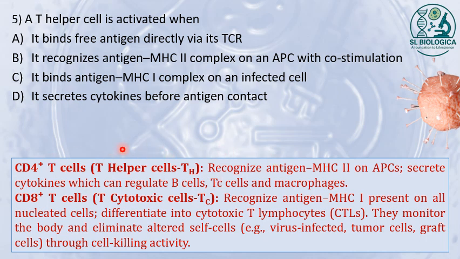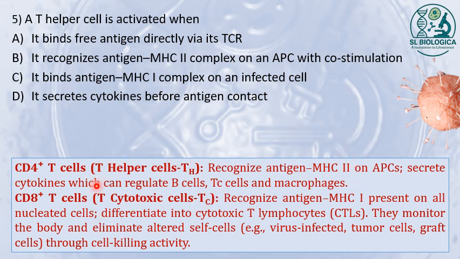The T helper cell can get activated only upon binding to an antigen presented by the MHC2 molecule on an antigen presenting cell. Upon this binding, it secretes cytokines which can regulate B cells, TC cells, that is T cytotoxic cells, and macrophages. That is how T helper cells are activated with the help of the MHC2 molecule.